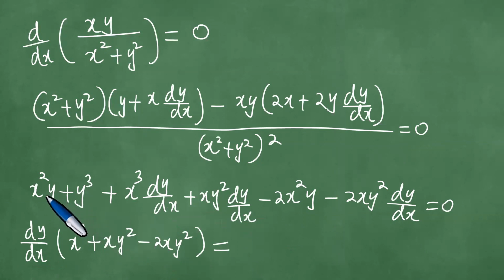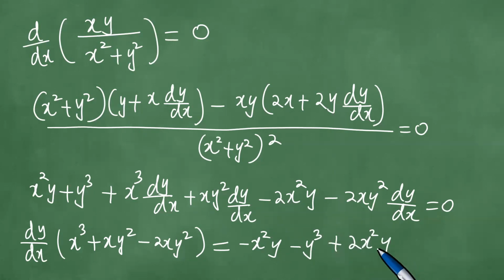We transpose the x squared y, so it becomes negative x squared y. Then we transpose the y cubed, making it negative. And then we transpose this term, making it plus 2x squared y.